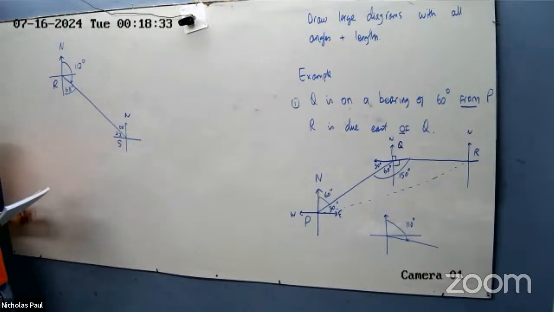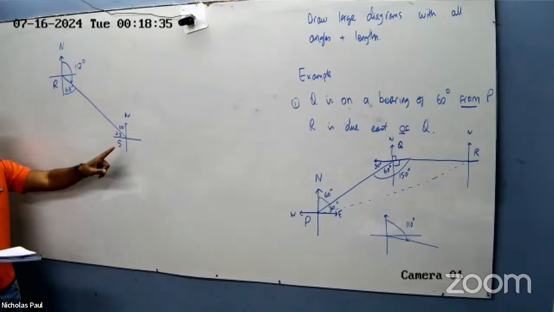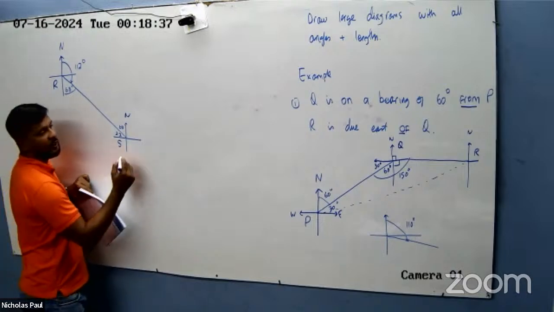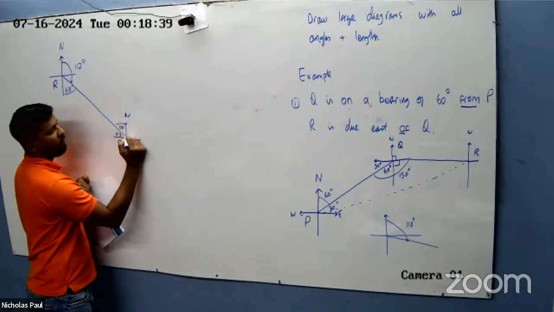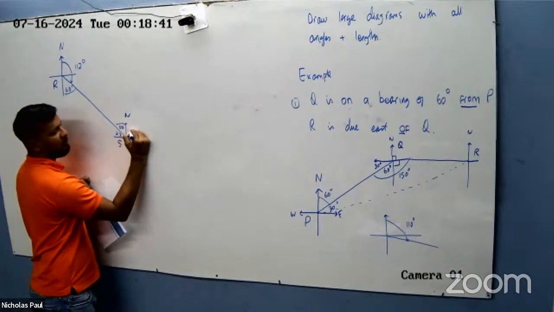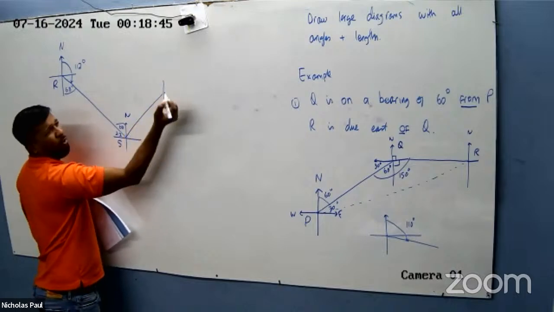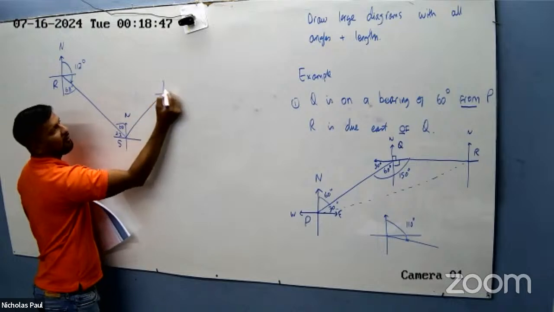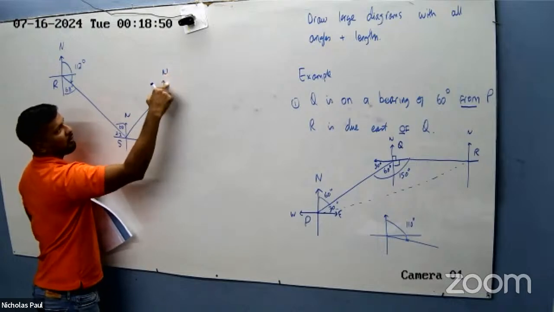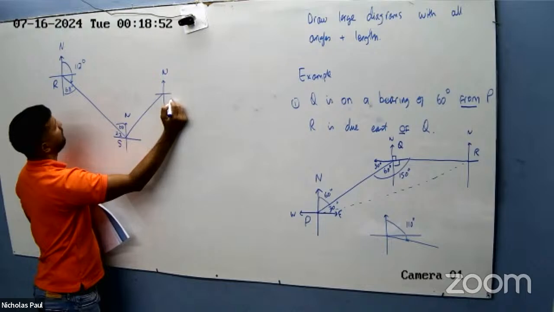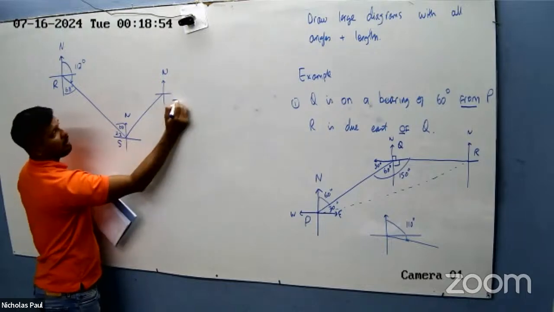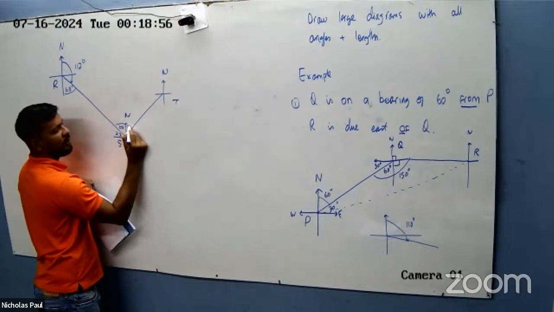The bearing of T from F is 33 degrees. Right? So I'm marking 33, that's about here. Here is 33.